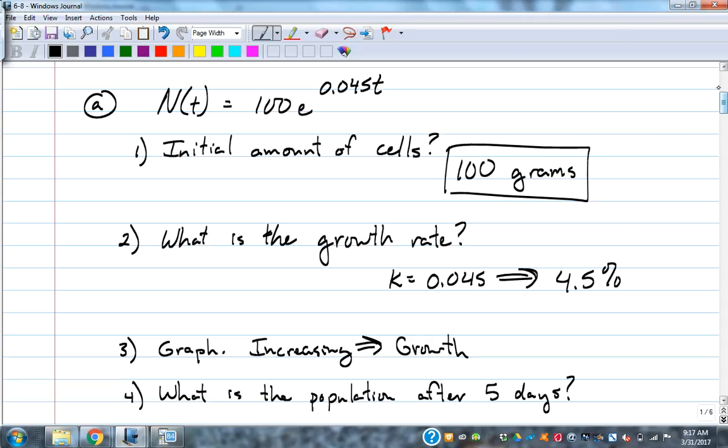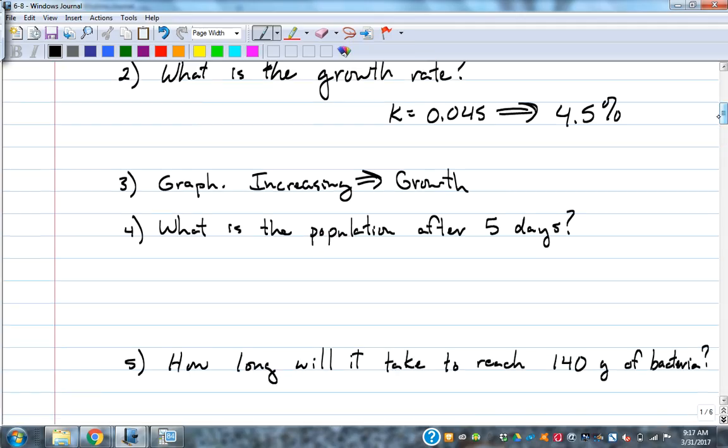All right, let's get to a problem where we actually have to do something. What is the population after 5 days? That tells us right there T is in days for this particular problem. So N of 5 equals 100 e to the 0.045 times 5.